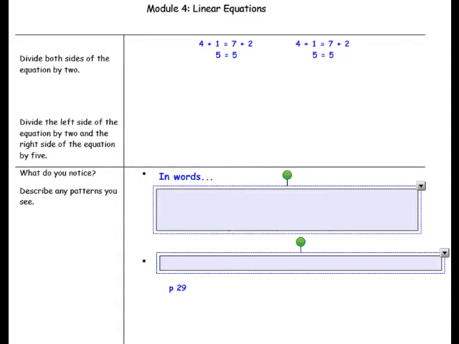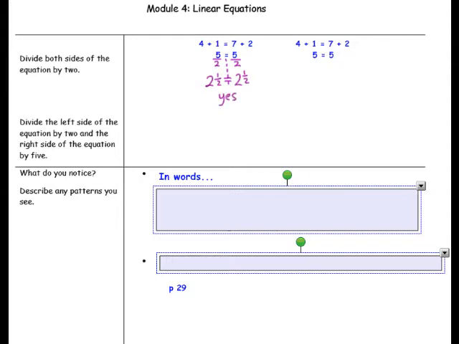Continuing, divide both sides of the equation by 2. We show division with a fraction bar. Divide by 2, divide by 2. On the left side of the equal sign, 5 divided by 2 is 2.5. On the right side, 5 divided by 2 is 2.5. The values are equal.